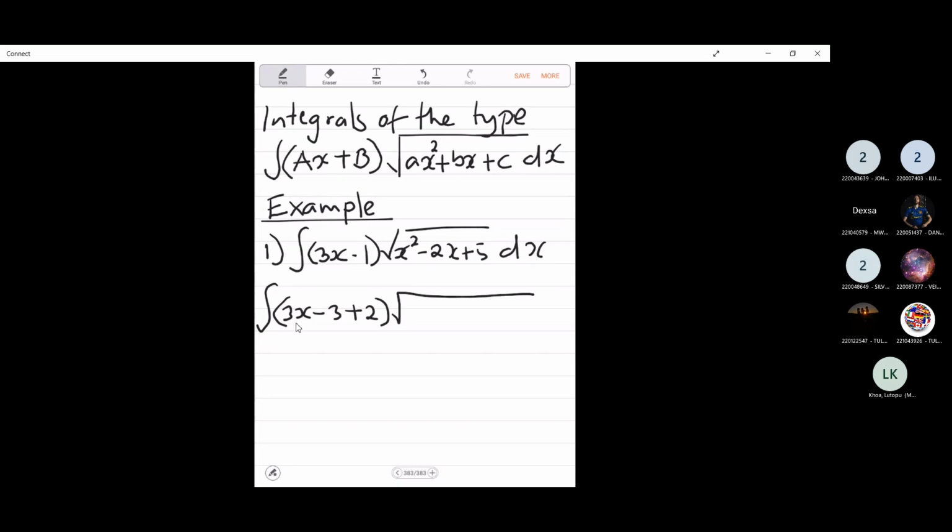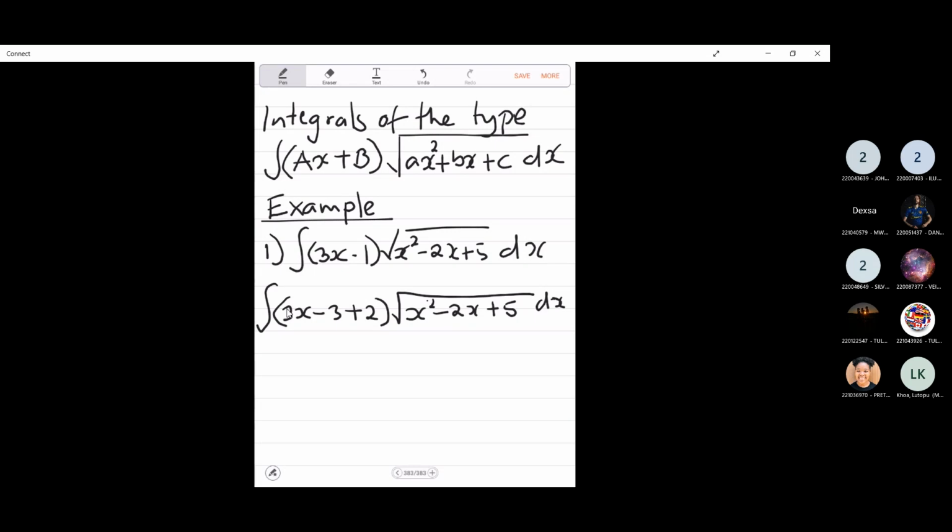But we've done questions like this before. Anyway, this is the square root of x squared minus 2x plus 5, dx. Then for the first two terms, because they both have a 3, I can factor the 3 out. With the first part, I want to make it 2x minus 2 because that is the derivative of what I have under the square root.